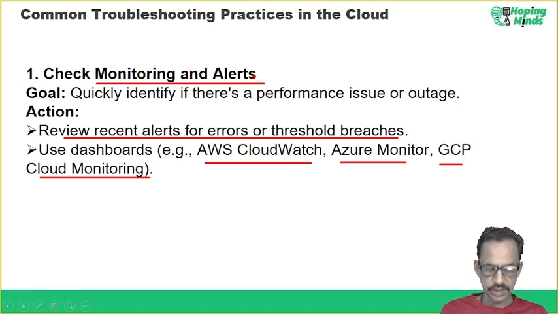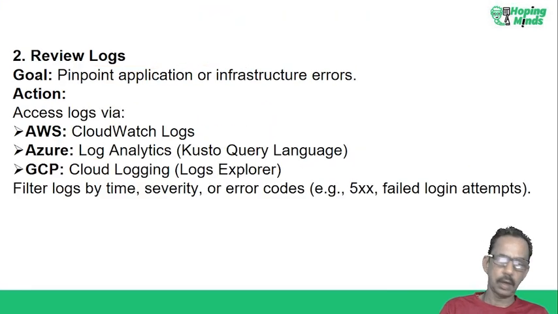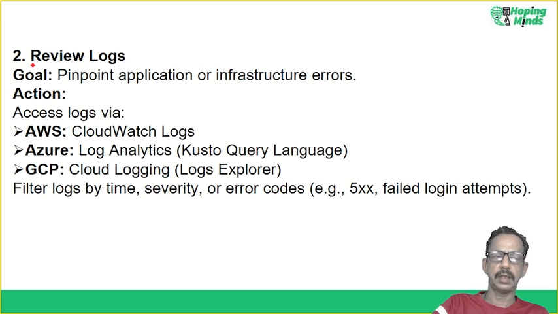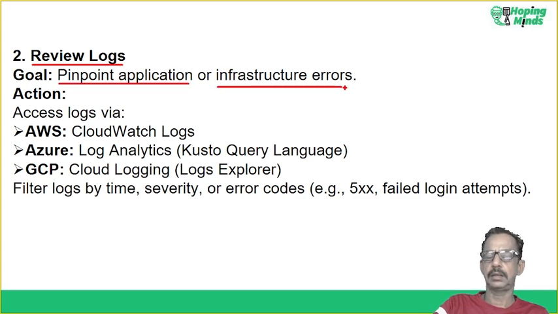The next step is to review the logs. I have already told you everything will be there in the log, so we should keep reviewing the logs from time to time. Pinpoint any application or infrastructure error. Everything will be there: machine is down, EC2 is down, storage is going full. Or some policies implemented on the machine infrastructure or in the application, like we configured some wrong security group rules, or there can be a NACL problem.